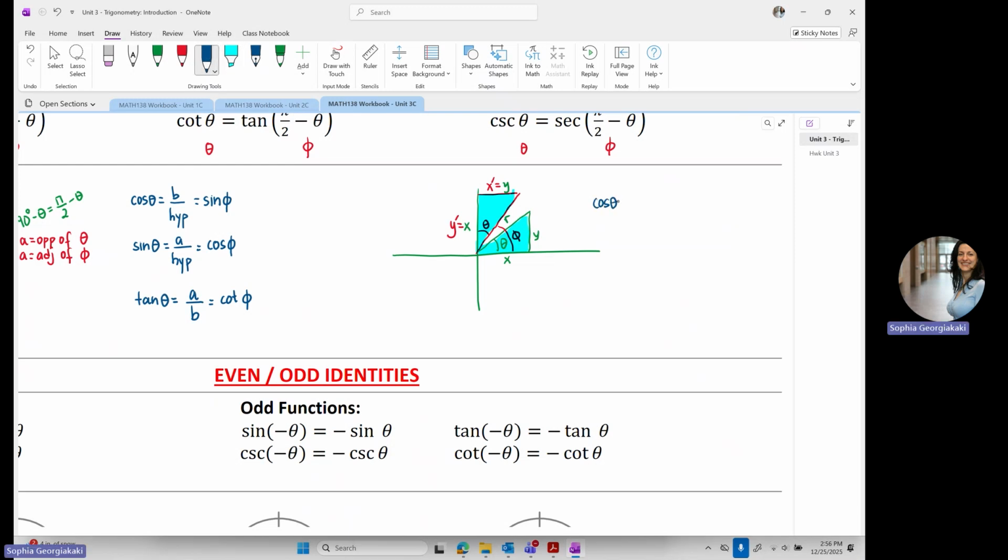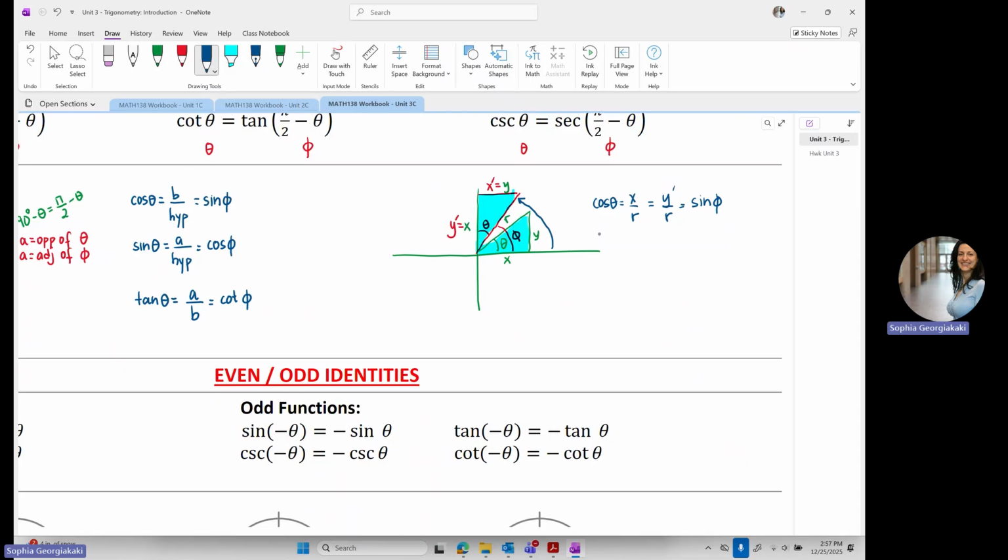Therefore, the cosine of theta, which would be x over r, will equal y prime over r, but y prime is the y of angle phi, and that will be the sine of phi. And again, phi is from the x-axis to the terminal side of this angle that happens to have theta as its complementary angle.